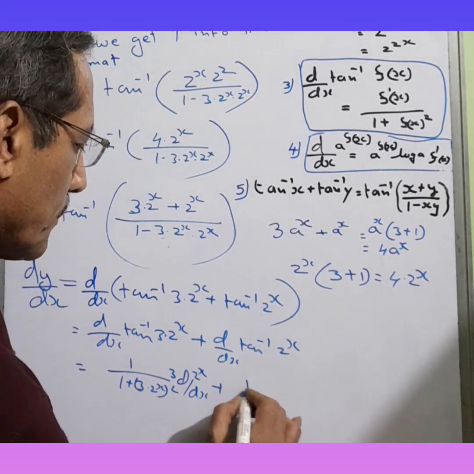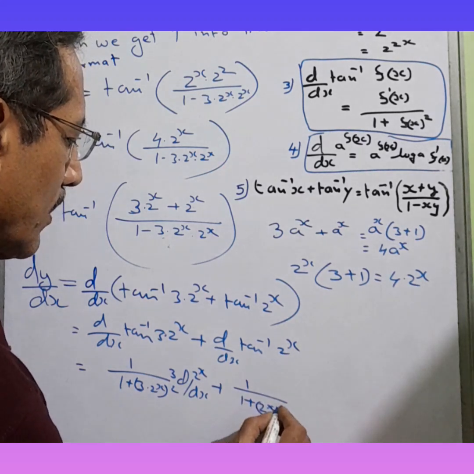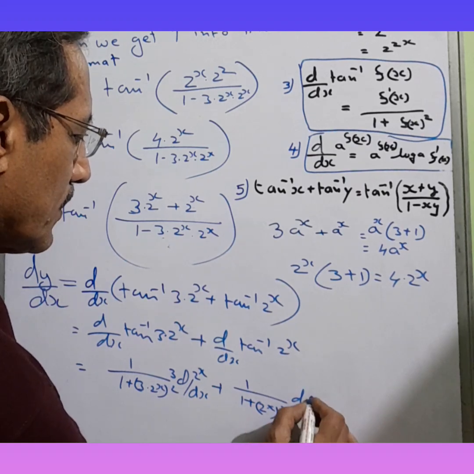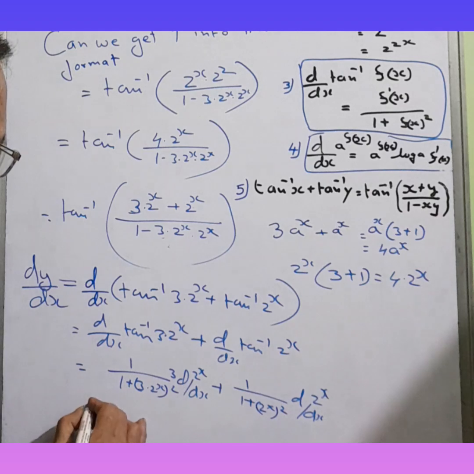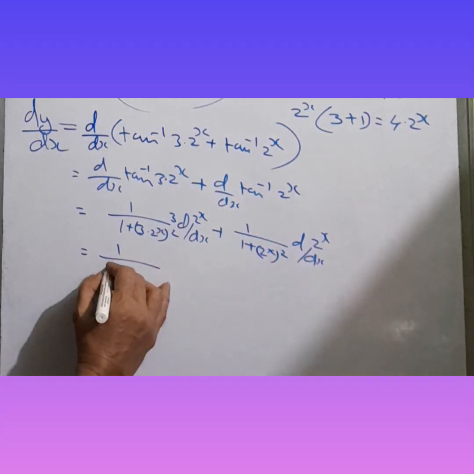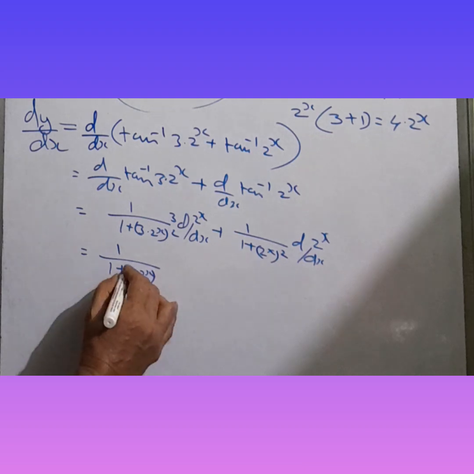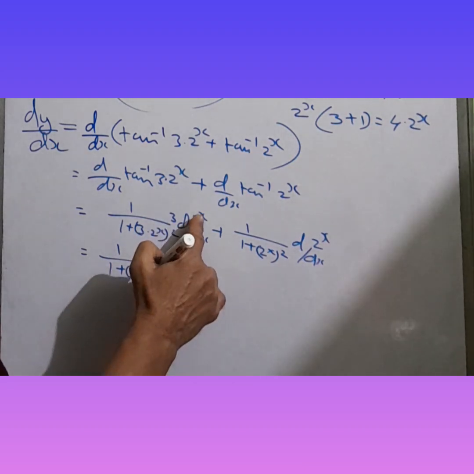So this also would be 1 over 1 plus 2 raised to x the whole square, and d by dx of 2 raised to x. Now this is a raised to x, so we know that 1 plus 3 into 2 raised to x the whole square remains as it is, into 3, and this is a raised to x.